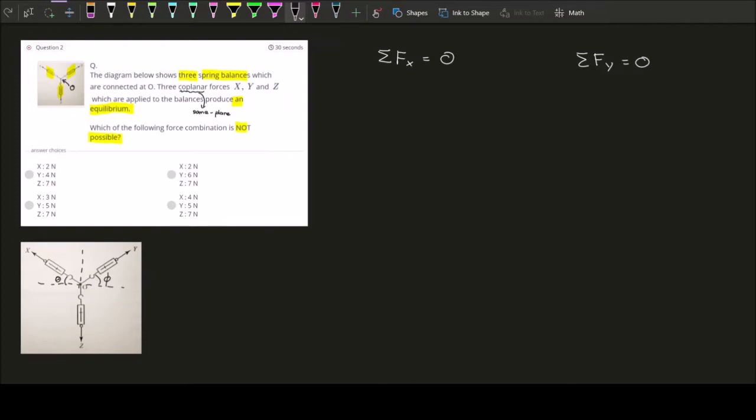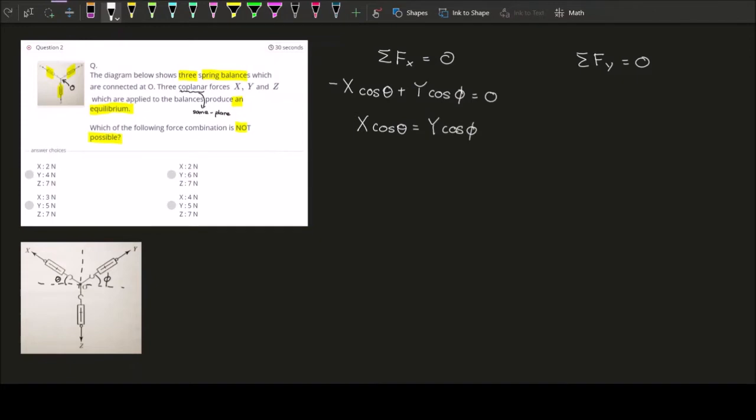So for the x-axis, we will see that negative x cos theta plus y cos phi will be equal to 0. So in that case, we can say that x cos theta is equal to y cos phi.